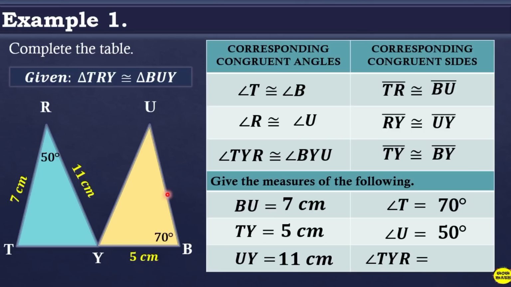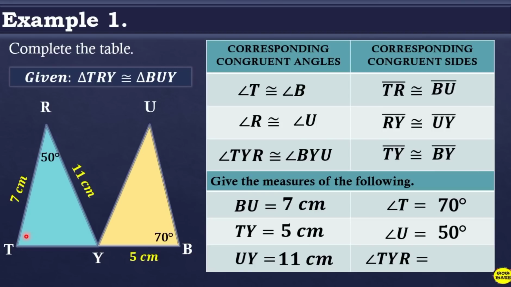And then for your angle TYR, this is the angle being referred to. What is the measure of this angle? How do we get it? Earlier, we got angle T, which is 70.